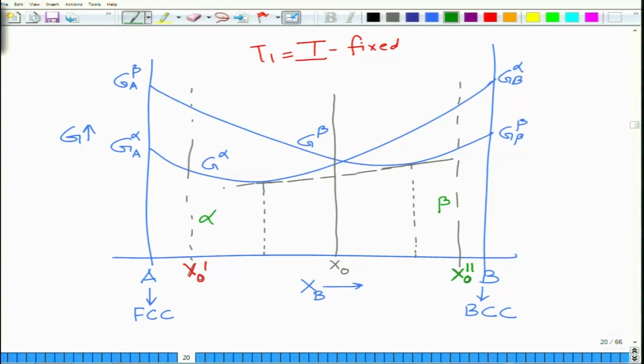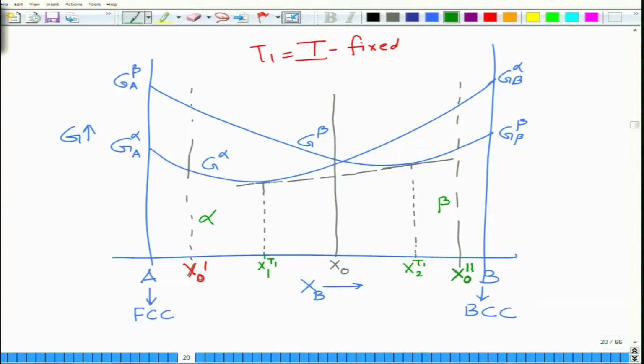We draw a common tangent in such a manner that the point at which the tangent touches the G alpha curve, if you draw a vertical line on the x axis from that curve, this is let us say composition X1 T1. So, we can say that this is let us say X2 T1, okay. These are the compositions within which you will have.